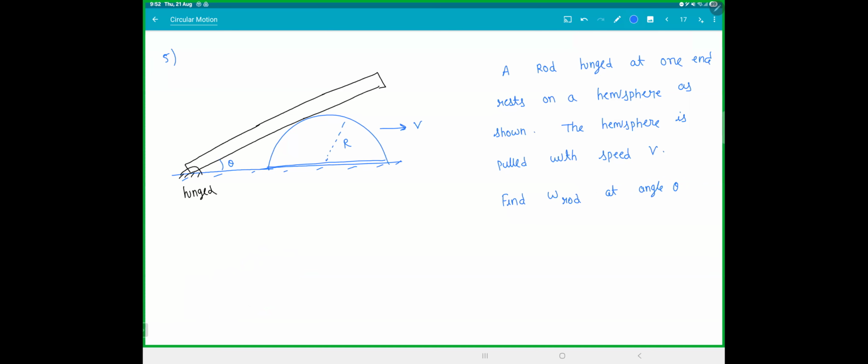V sine square theta by r cos theta. That looks right again. Try others. So every time that is the same story. Somehow you need to get that theta there, and then you need to differentiate, and you need to relate everything to that velocity and radius and stuff.